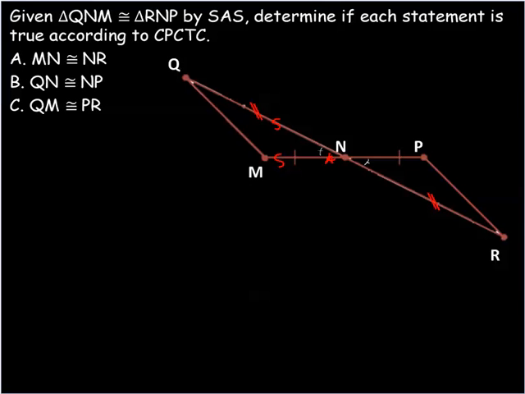And remember, that's corresponding parts of congruent triangles are congruent. So we're going to look at part A, and we're going to say, is MN congruent to NR? So MN, NR.